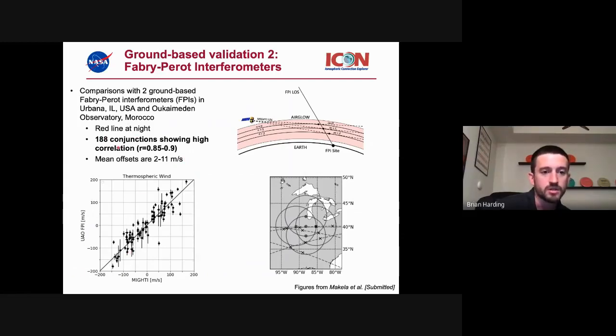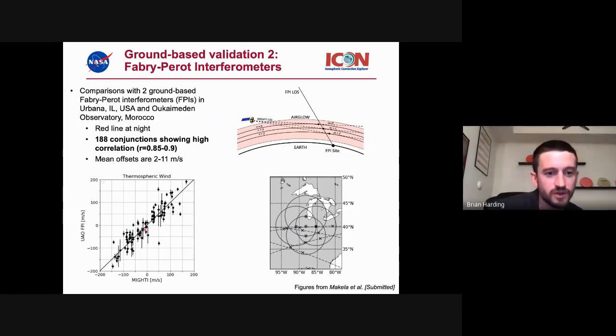There's fewer conjunctions because the FPI only operates at night and only when it's clear skies. But once again, there's a high correlation and the mean offsets are small. So this was exciting because the meteor radars really only validated the green line measurements, but the red line, this FPI comparison, gave us a lot of confidence in the red line measurements as well.